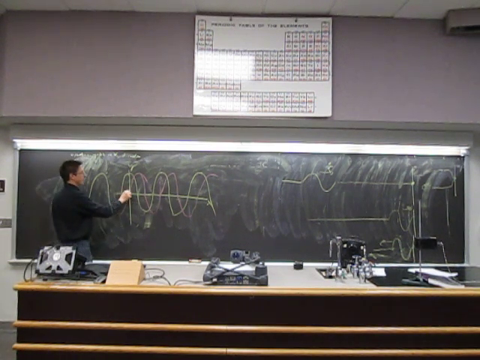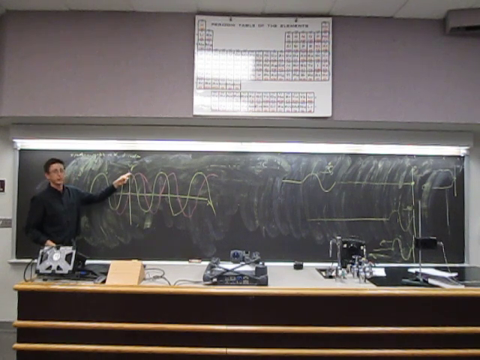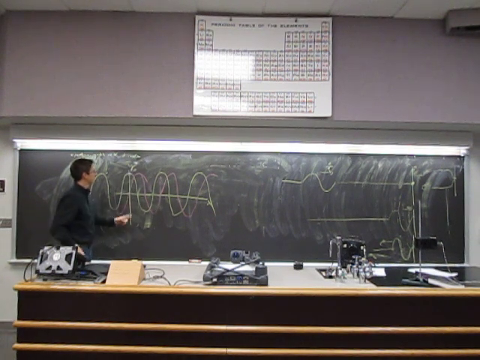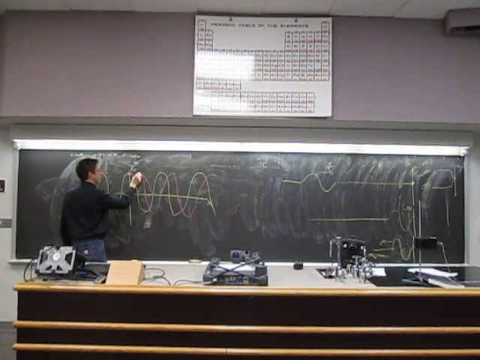So what would it be here? Here it would be, at this point I'll just draw, if I added those two waves together, it would be right there, right? If I look at this point and add these two waves together, it looks like something like this, maybe twice that height. If I look at this point in space and add these two waves together, I'm back to here, right?